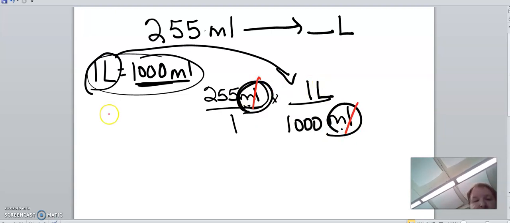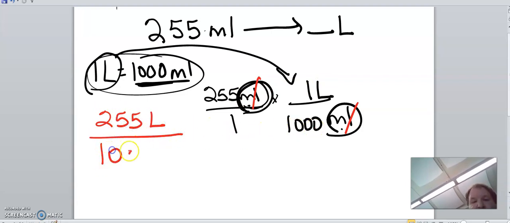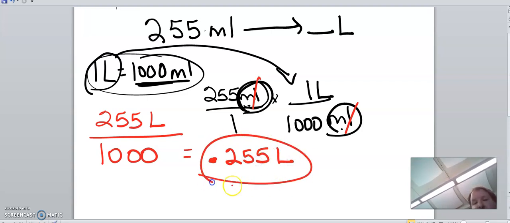Then we have 255 liters over 1,000. And when we do that math problem, we find that we get 0.255 liters is our answer.